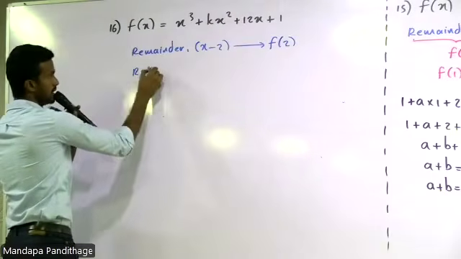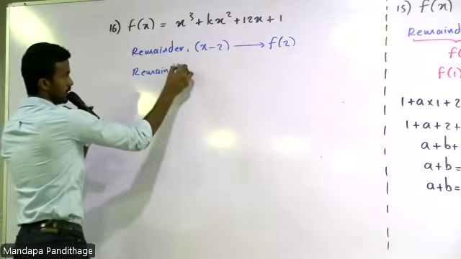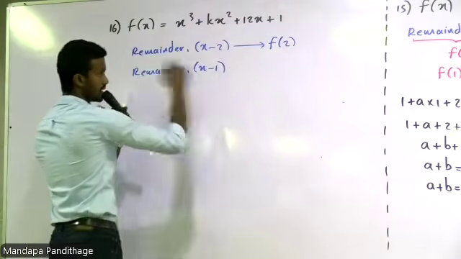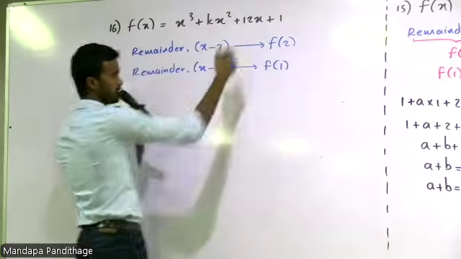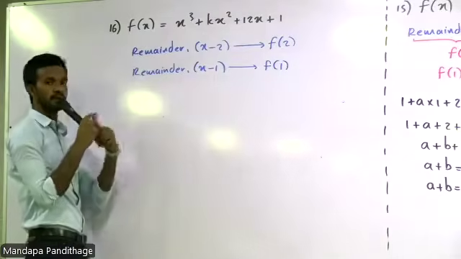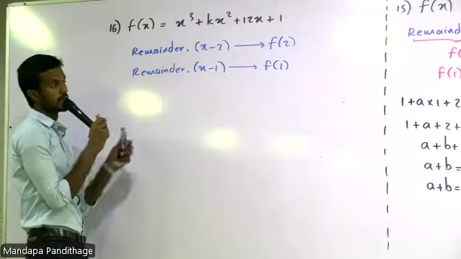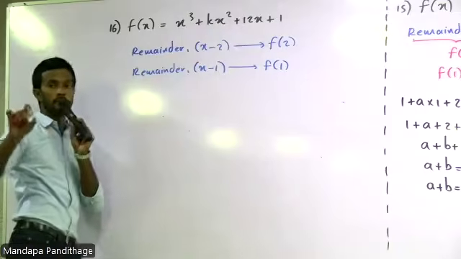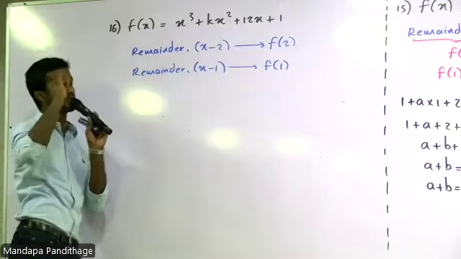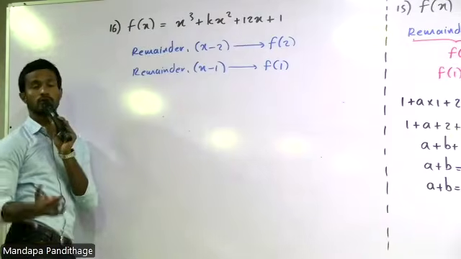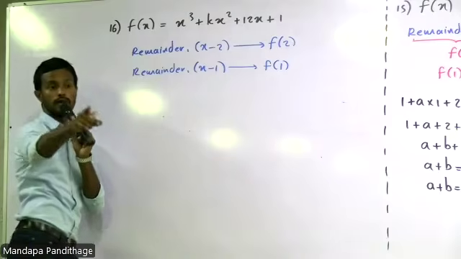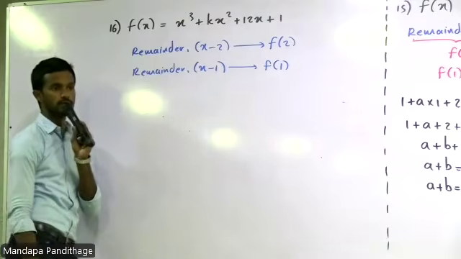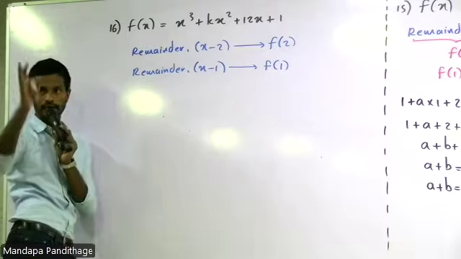Same thing, the remainder when it is divided by x minus 1 hasn't been given separately, but I know that's f1, from the remainder theorem. So what is the mathematical equation? How can you write this? Now tell me, what is the mathematical equation you can write for this sentence? The sum of the two remainders is 50. How can you write it? f1 plus f2 is equal to 50. Clear? So that is the way that you can write it.